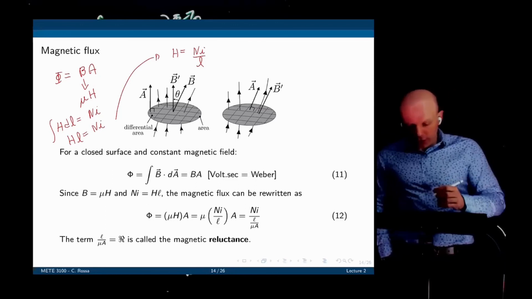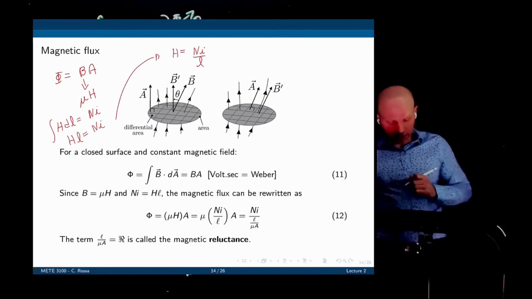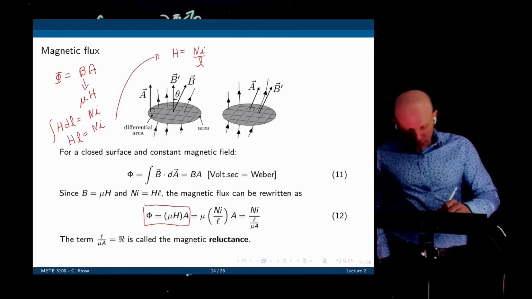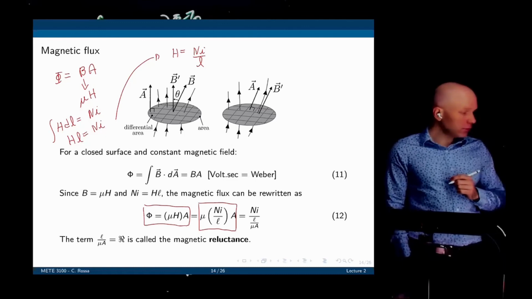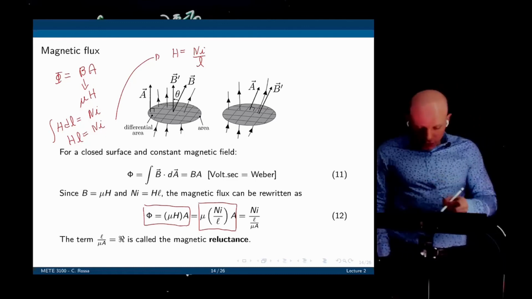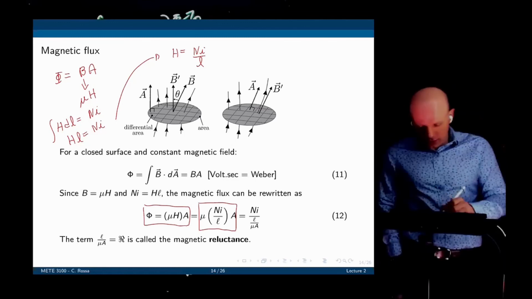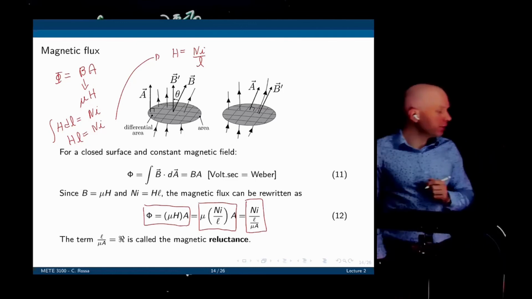If you now combine all these equations, first replacing B with mu H, now we replace H with Ni over L. And now we just move mu A downstairs, and we end up with this expression here.